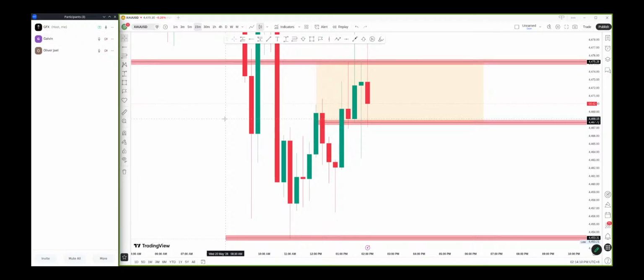Let the candle play out and keep a very close eye on how the candle reacts, right? See if it's pushing up first or down first.